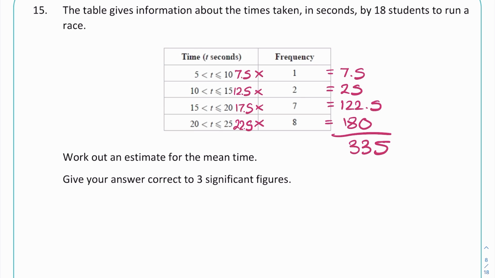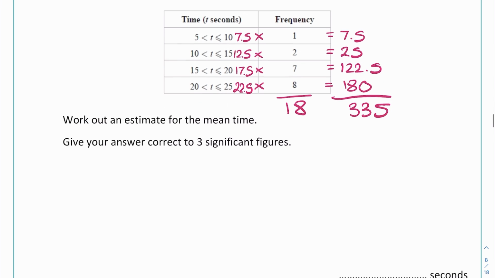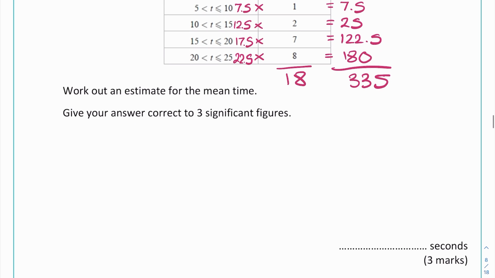So this was about the time taken in seconds by 18 students to run a race. So we know the total of the frequency is 18. The total estimated time for those 18 students is 335. So to estimate the mean, we'd do 335 divided by the 18 students, and if we just type that in on the calculator, we get 18.61, and it's a recurring one, so that just keeps on going.